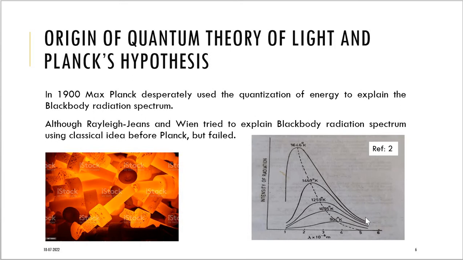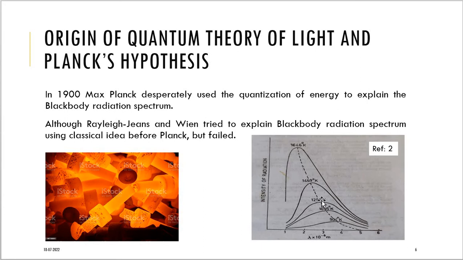So here are the spectra of, suppose, iron at different temperatures. On the x-axis we have wavelength, and on the y-axis we have the intensity of the radiation emitted from the material.